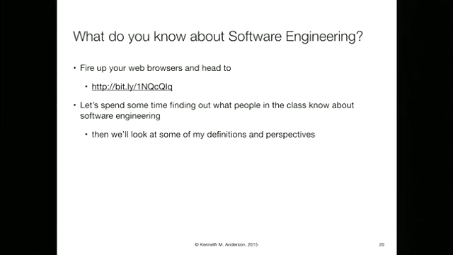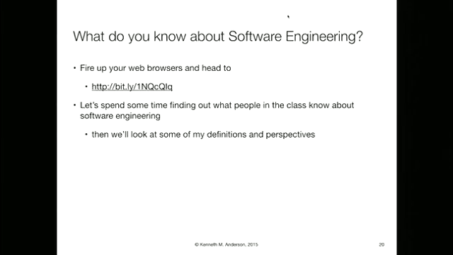So what I want to do now is, for everyone that's got a laptop, or people sitting next to people who have laptops, I'd like to just get a sense for what people currently know about software engineering, and we still have plenty of time to do this. The URL is right there. It is bit.ly, http://bit.ly/ and then it's 1NQ, both capital, then C lowercase, Q uppercase, and then LQ.